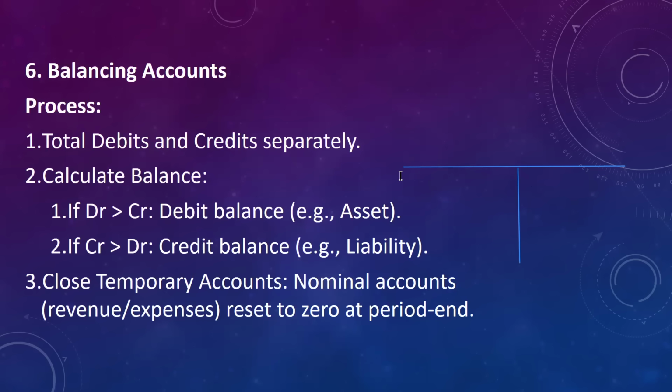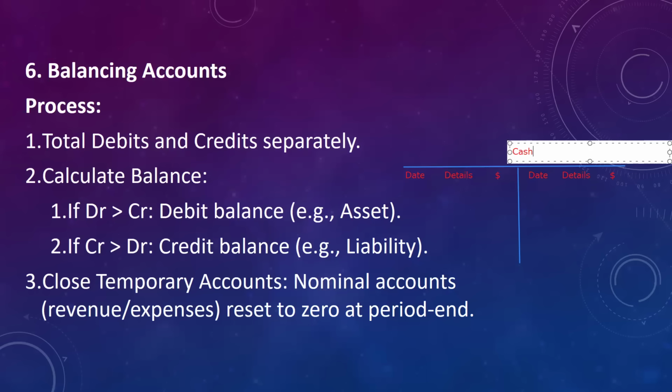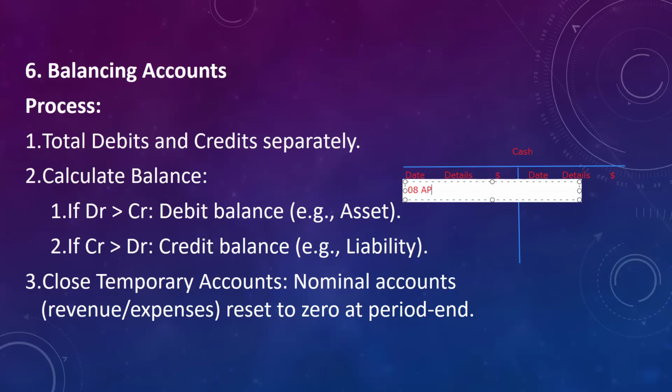I have here date, details, amount, date, details, amount. Let's say it's a cash account. Let's say on the 8th April, you had sales 9,000.